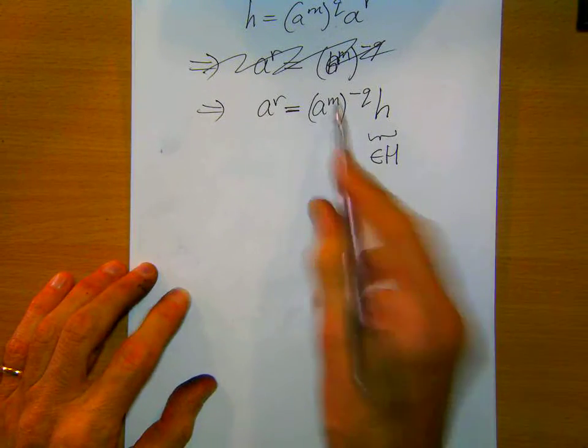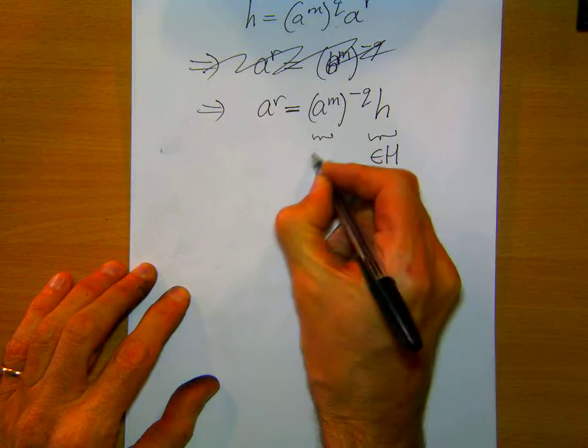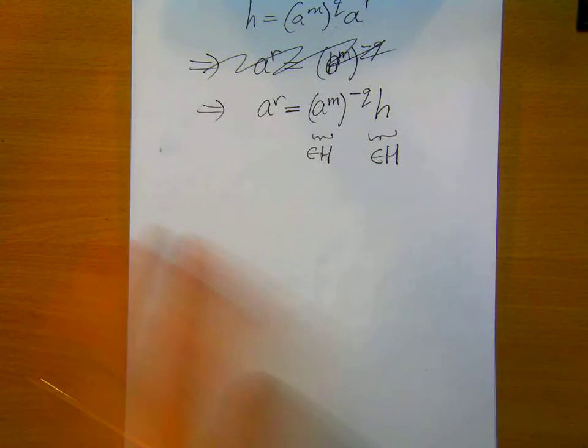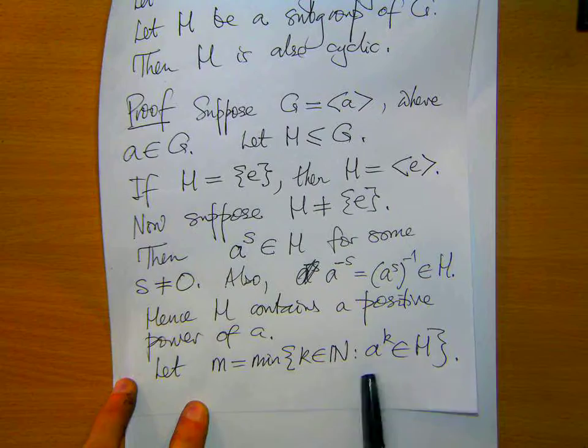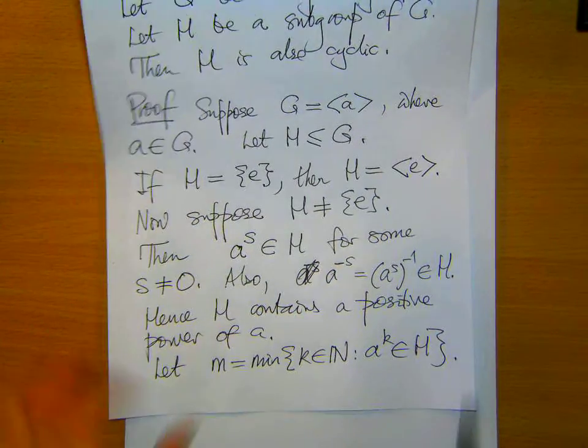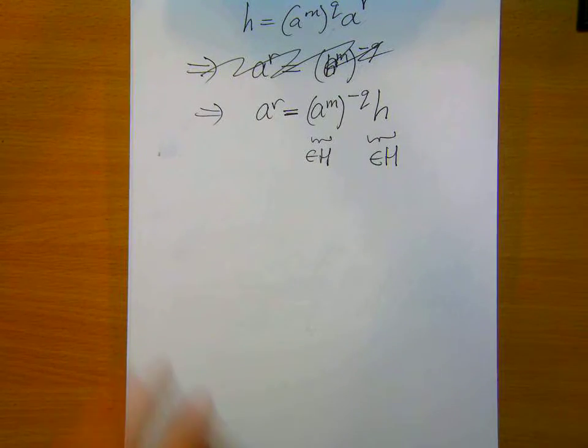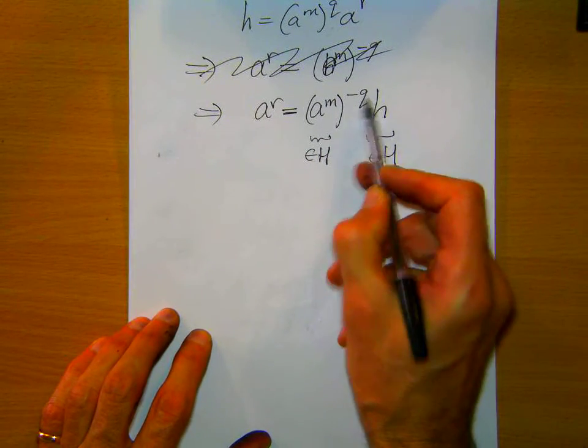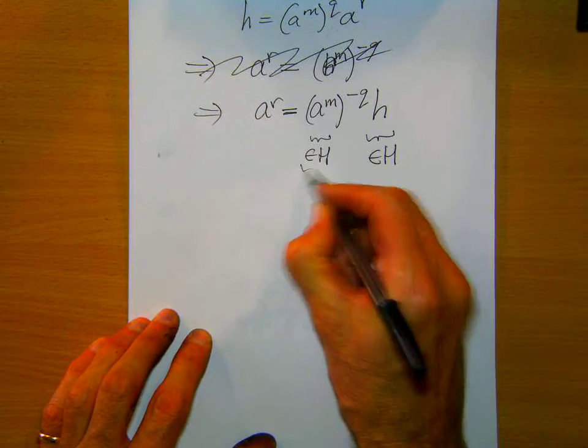A to the m, remember, is in H, because remember what m was. M is the smallest positive integer such that a to the m is in H. So a to the m is in H. And then we've got some power of a to the m.